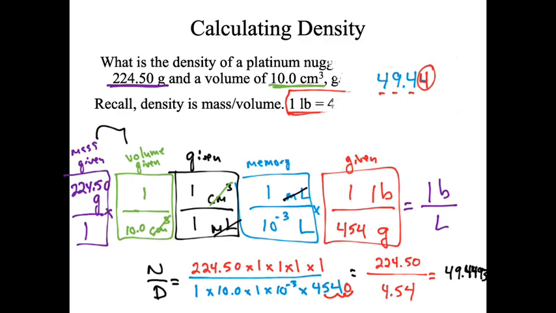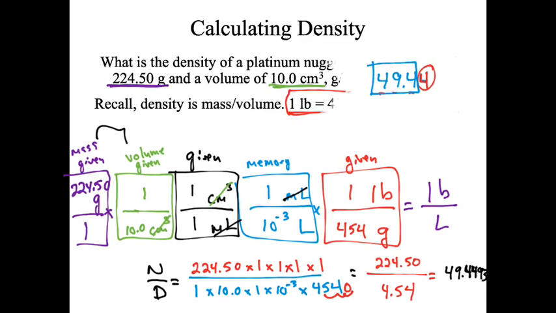4 rounds down. That circled 4 is an insignificant digit. The first insignificant digit dictates what happens to the last significant digit. Because it is lower than 5, we leave it alone. And so we now have a suggestion that our answer should be 49.4.